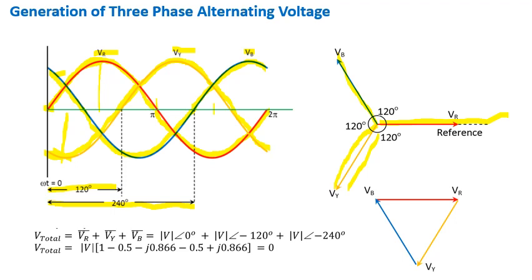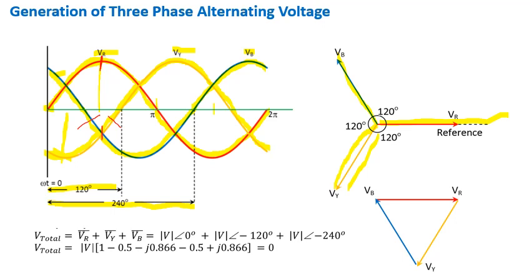So at any instant, if you want to add them up, say at this instant, if I want to add this maximum VR with Vy and Vb, mathematically it has been found that the sum of Vb and Vy is equal to the negative of VR, and therefore the total voltage at any instant, VR plus Vy plus Vb, when vectorially added, is equal to 0.